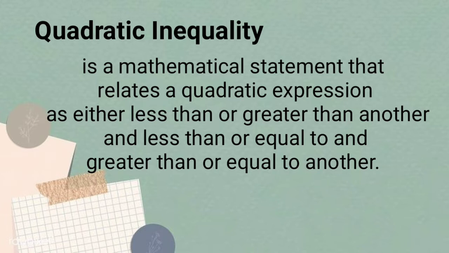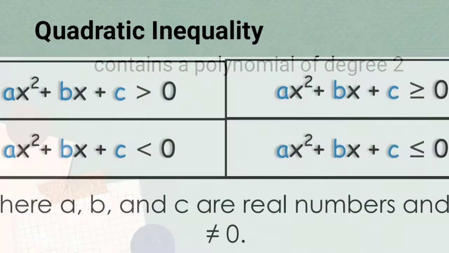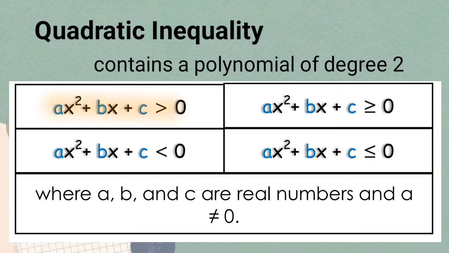It is an inequality that contains a polynomial of degree 2 and can be written in any of the following forms: ax squared plus bx plus c is greater than 0, greater than or equal to 0, less than 0, and less than or equal to 0, where a, b, and c are real numbers and the value of a must not be equal to 0.